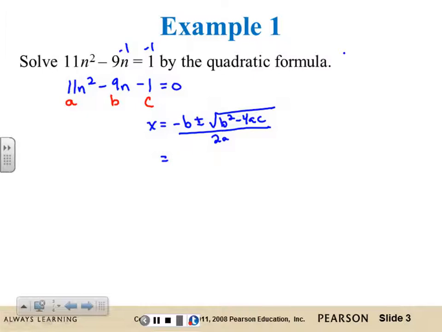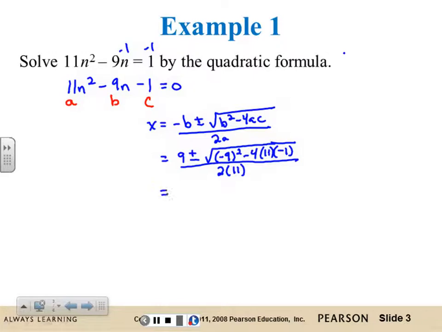So b is negative 9, and the opposite of negative 9 is going to be a positive 9. Plus or minus is where your two answers are going to come from. The square root of b squared, which is going to be negative 9 squared, minus 4 times a, which is 11, times c, which is negative 1, all over 2 times a, which is 11.